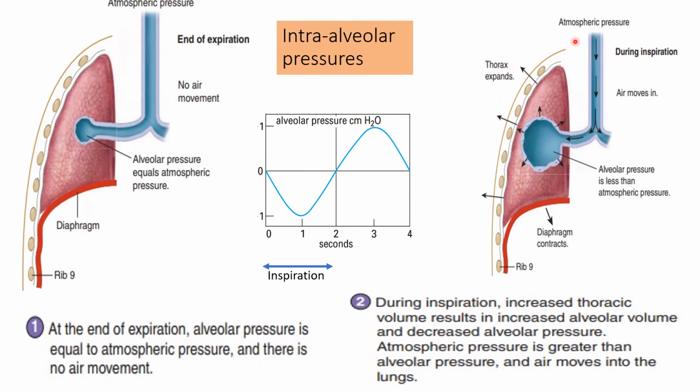So instead of 760, it becomes 761. But again it comes back to 0, equal to the atmospheric pressure. So that's how the alveolar pressure changes occur.